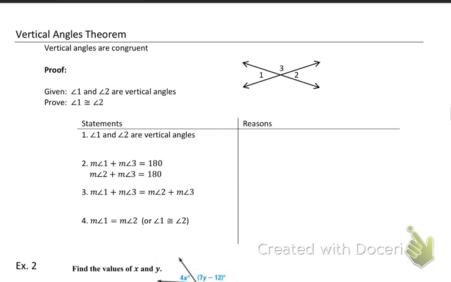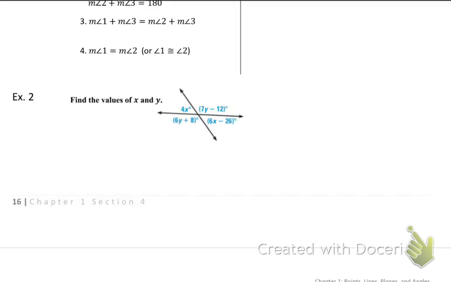But I want to skip to this example 2 real quick. Example 2 is the power of vertical angles. I need to solve for x and y, which means I need equations.